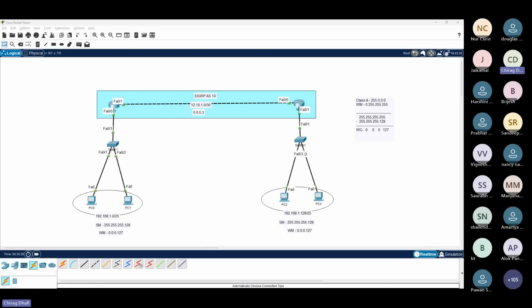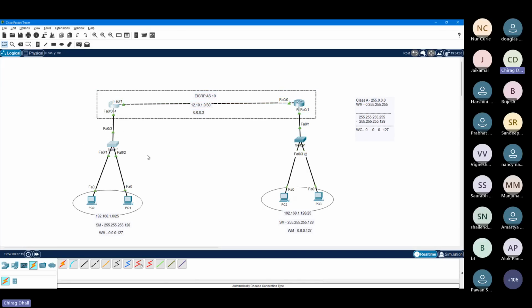Okay, we have some questions to address. What are the benefits of the wildcard mask in EIGRP? When we specify the wildcard mask, we are telling EIGRP which network or which interface is supposed to be made a member of the EIGRP configuration. So when I specify 192.168.1.0 with a wildcard mask under EIGRP configs, I'm telling the router to find the interface which is inside this network and make it part of EIGRP, which is basically FS0/0.